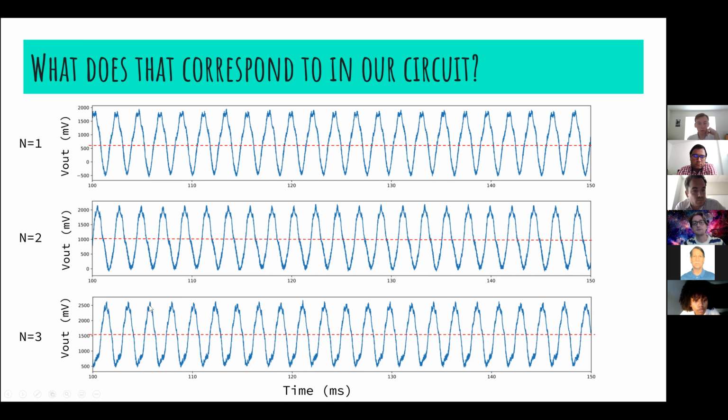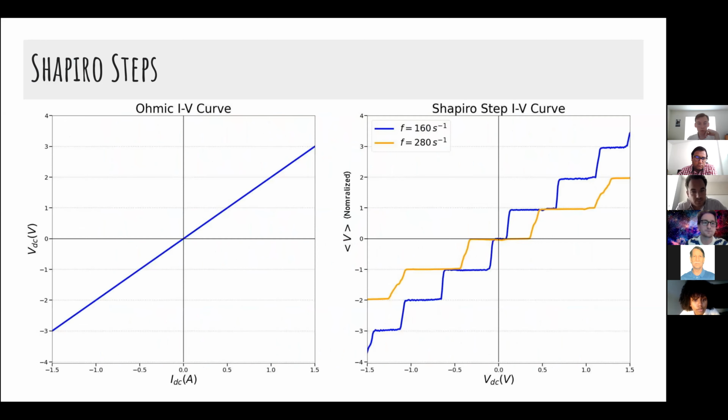And when we increase the DC voltage, V out doubles again. So just like we saw before, we correspond to doubling the average value that we have out. And the same thing for 3. So this would correspond to 1 oscillation, 2 oscillations, and 3 oscillations for our pendulum. But of course, this is for our junction and the phi dot, the phase of our junction.